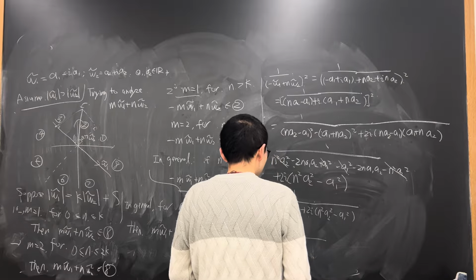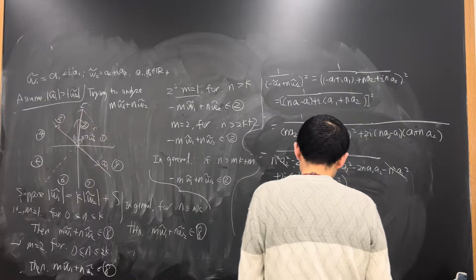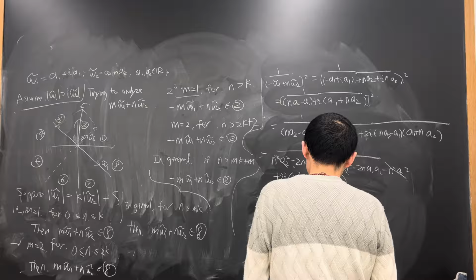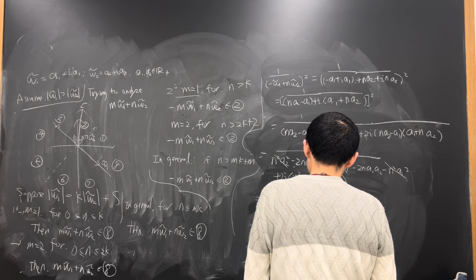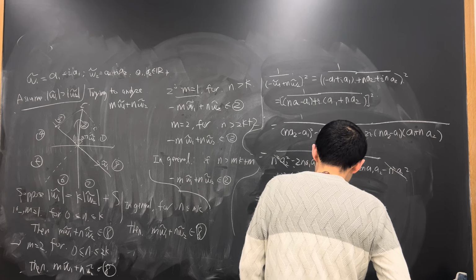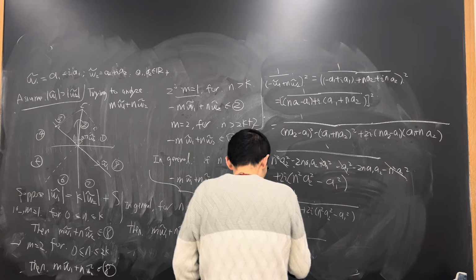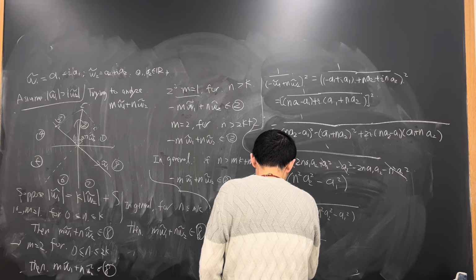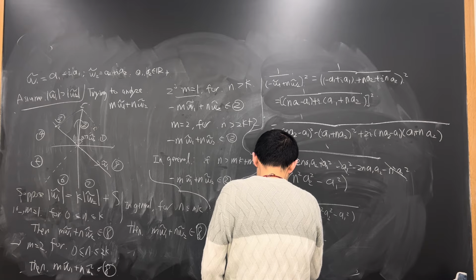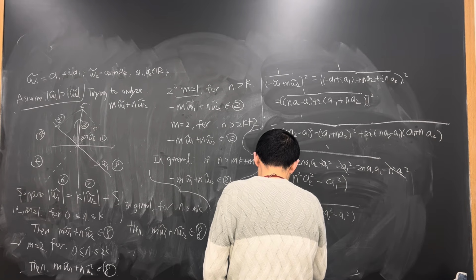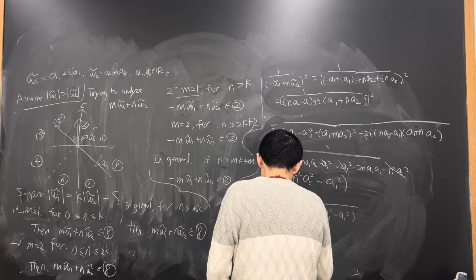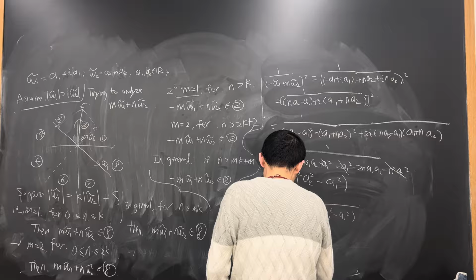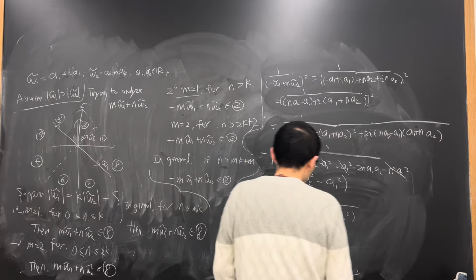After I multiply by conjugates, this becomes the plus. Then it becomes 16 n squared A1 squared A2 squared plus.